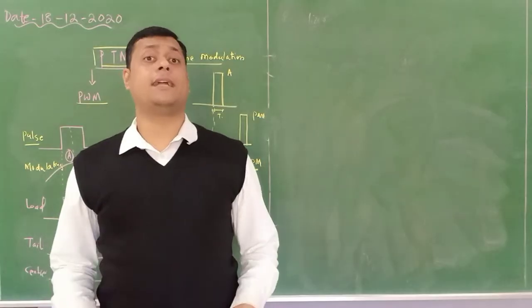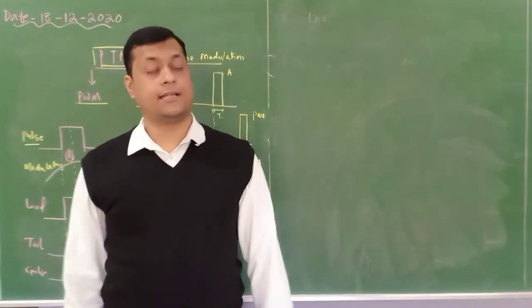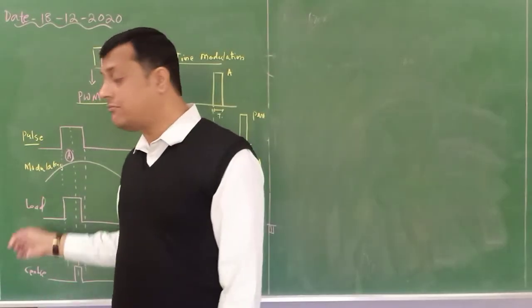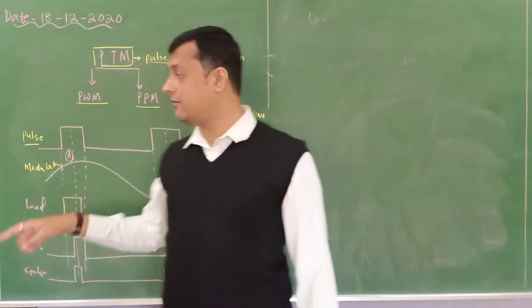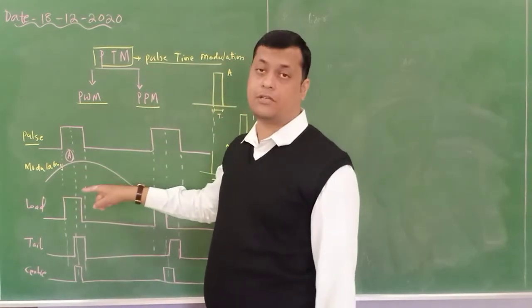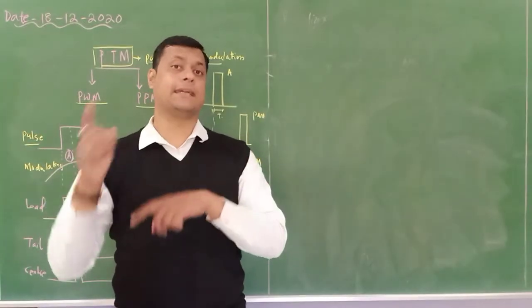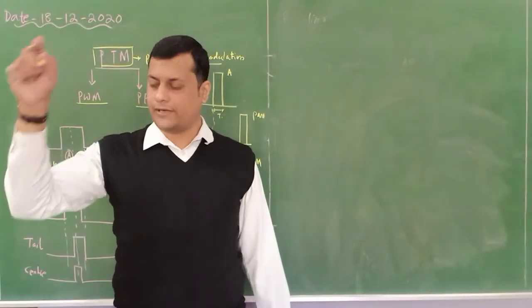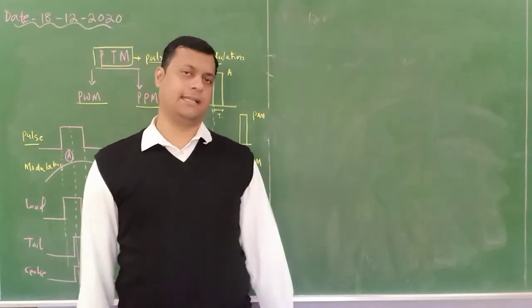But how do we decide for which the width will increase and for which it will decrease? When the modulating signal reaches its maximum amplitude at this particular time period, your pulse width will increase. When it is in the negative half cycle, your pulse width will decrease.